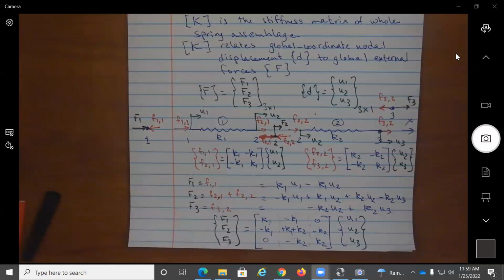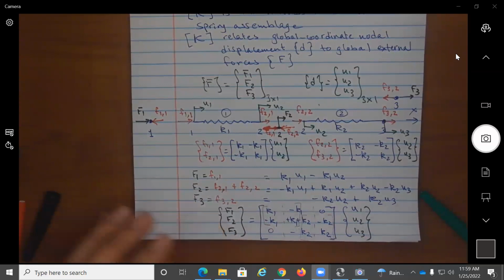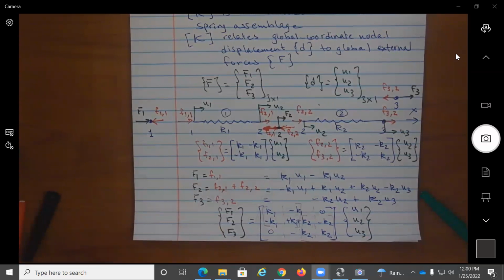We still had the element stiffness matrix for element 1 and the element stiffness matrix for element 2. We superimpose them together such that each element goes in the row and column that correspond to the force and displacement being related together.